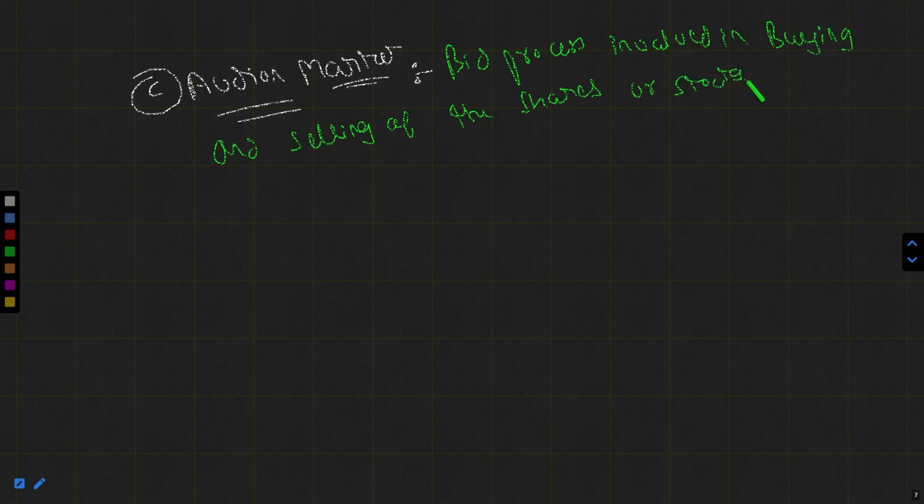As by the name you could conclude, if auction is written here, it means it's a bid process. We already discussed auctions in previous lectures, so I'm not going to start on it, but here is an overview: the auction market is a bid process based market which involves buying and selling of shares or stocks on the basis of bid process.